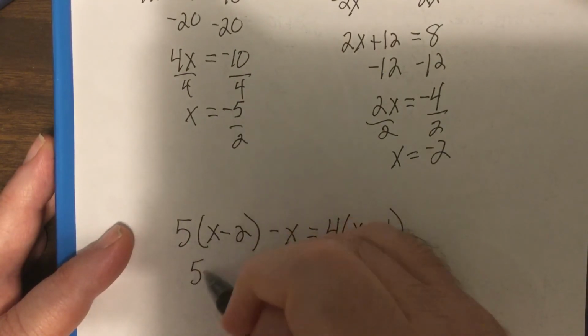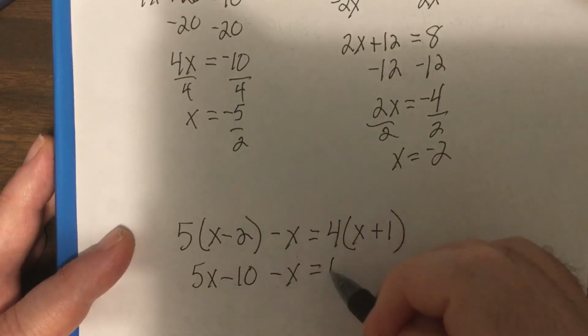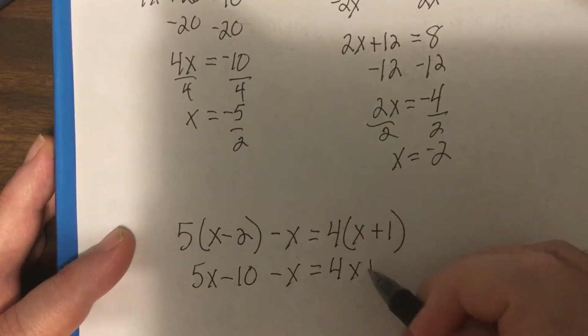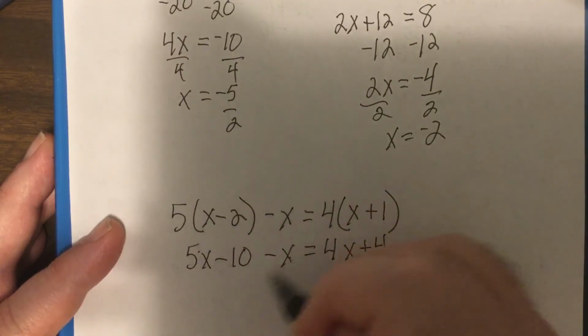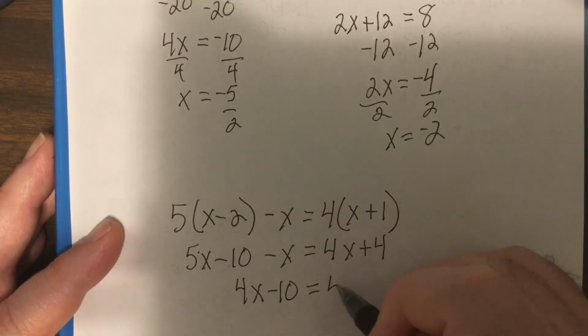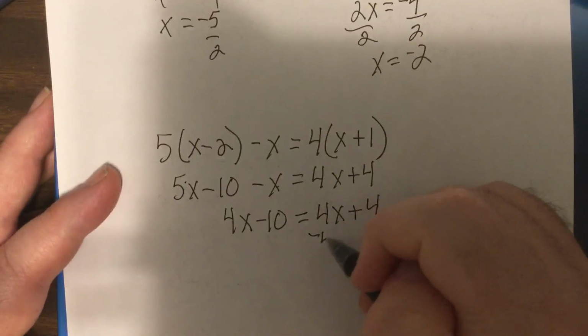So let's look at this one. I'm going to distribute the 5, distribute the 4. So 5x minus x is 4x. Now I want to get all the x's to one side, so I subtract the 4x.